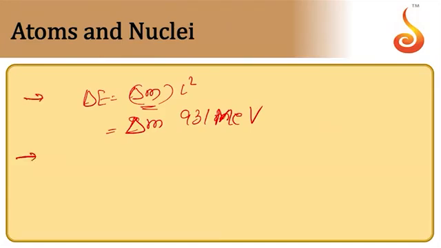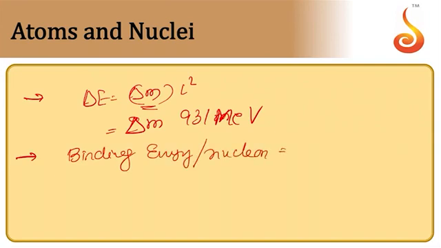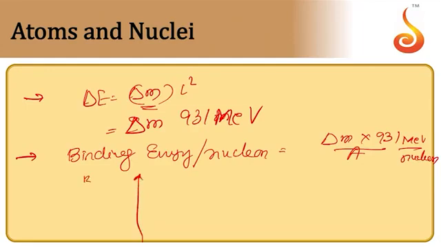And many times we use the idea of binding energy per nucleon, which is nothing but delta m into 931 divided by A million electron volt per nucleon. This binding energy per nucleon depends on mass number, and if you plot a graph of specific binding energy, that is binding energy per nucleon versus mass number, then the graph that we get is of this form.